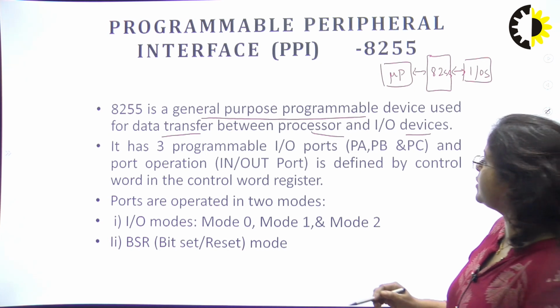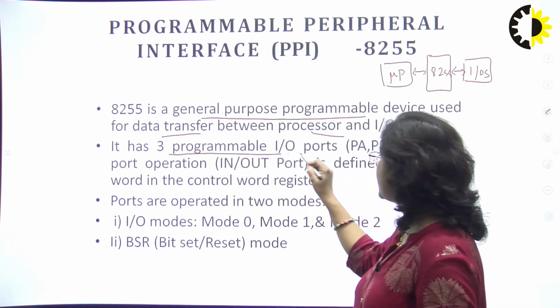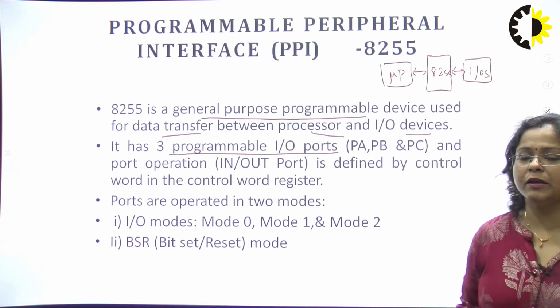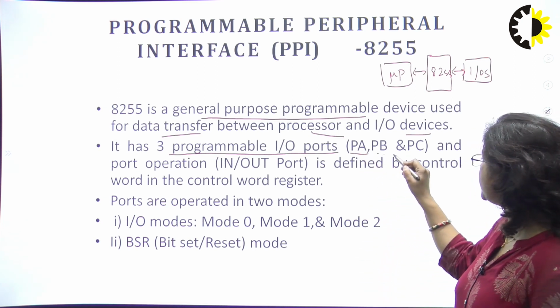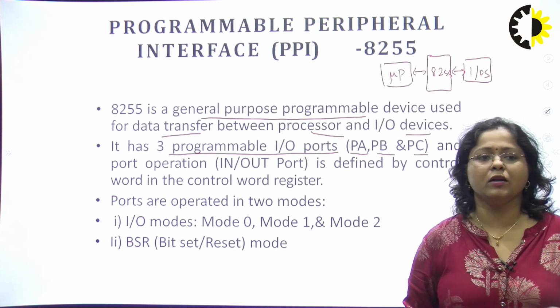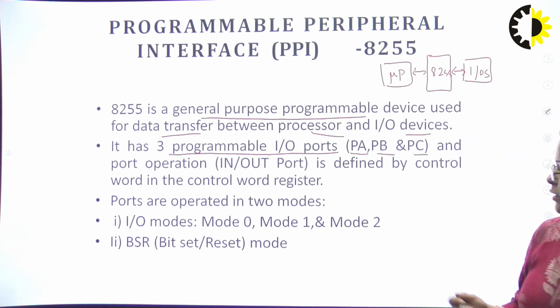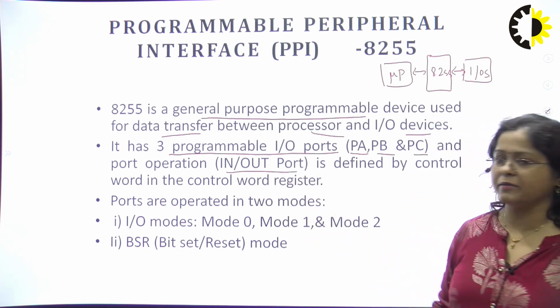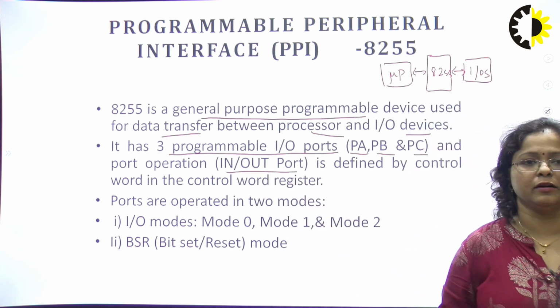Basically, 8255 has three programmable I/O ports named port A, port B and port C, and these ports are operated either in or out, for example to read or write data.